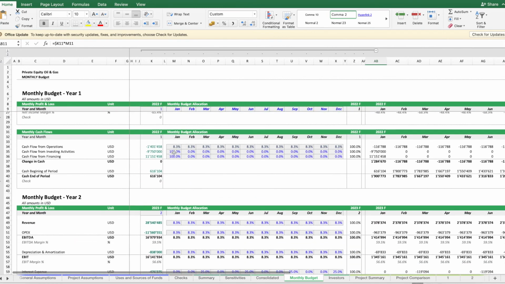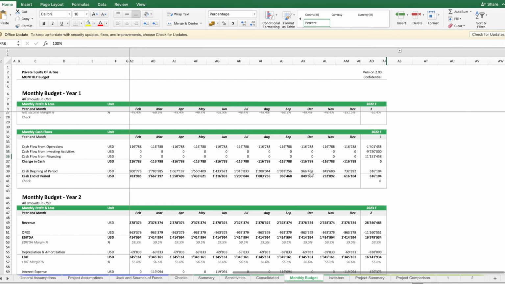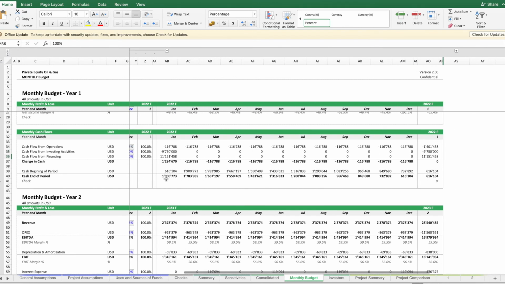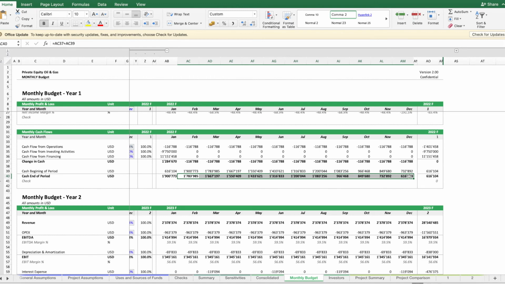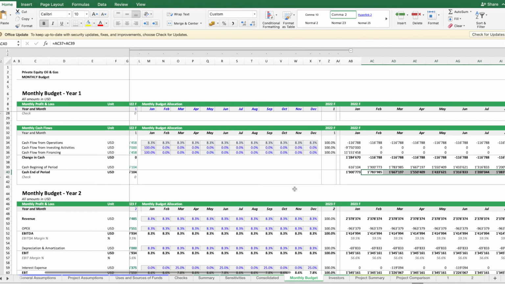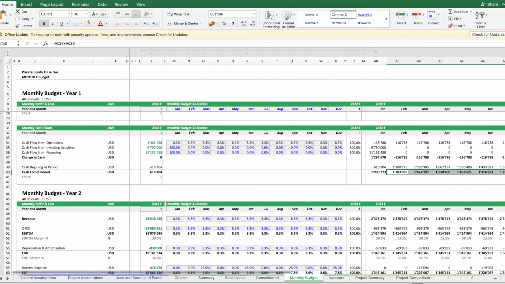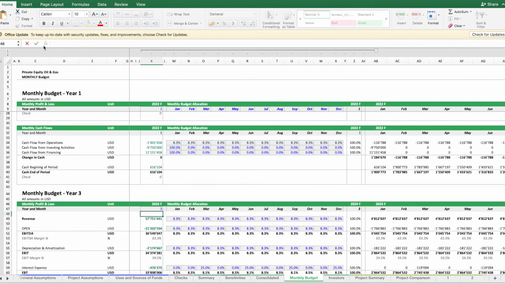So we can roughly say when the investment will happen, when the financing will happen, and we can even simulate how the cash balance during the first year on a monthly basis might look. We can do this for the first 2 years, or you can just select any year you want, and then allocate these cash flows and prepare a monthly budget.